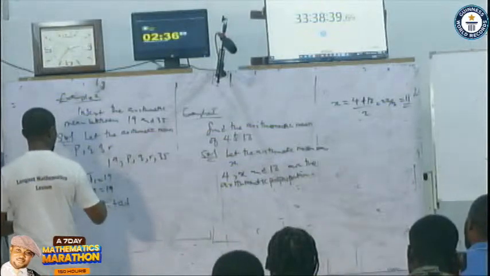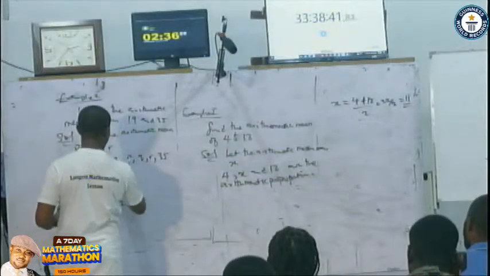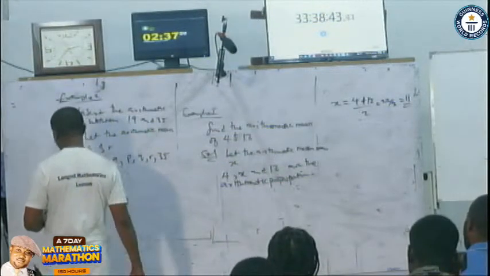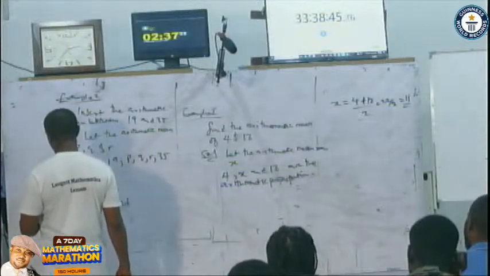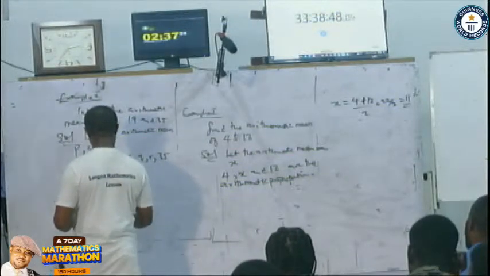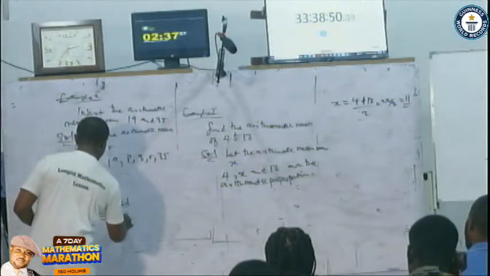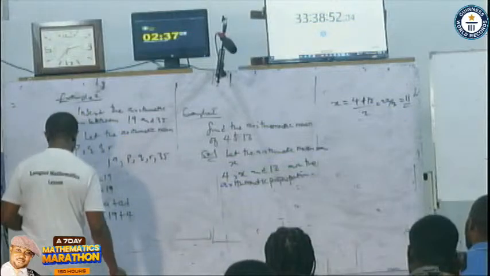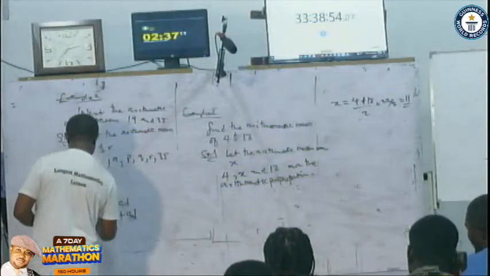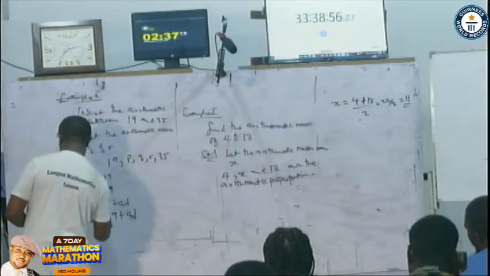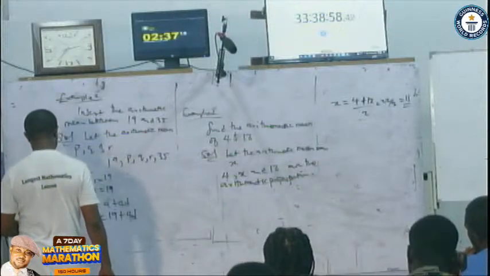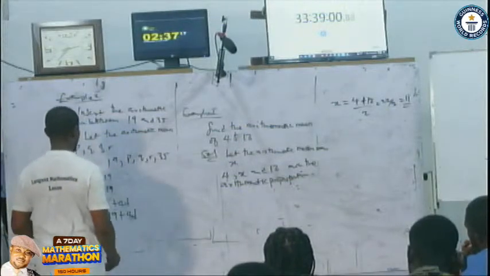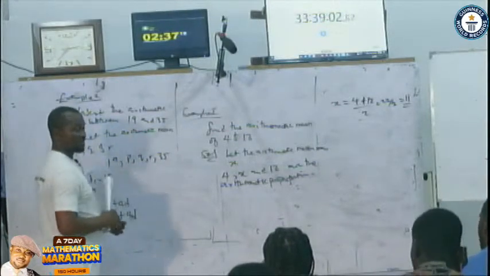My A is 19, so that is 19 plus 4D equals 35.